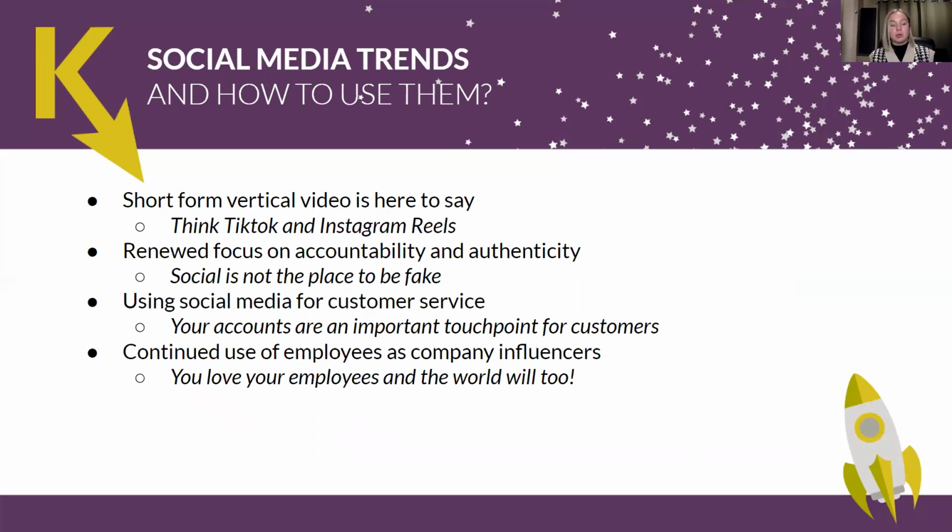Number one, short form vertical video. So that's if you're taking a video on your phone and it's like this way. That's what that means. Here to stay. We're not seeing that go anywhere. And that's definitely due to things like TikTok and Instagram Reels. The reason that vertical video is so popular is because it feels really authentic.